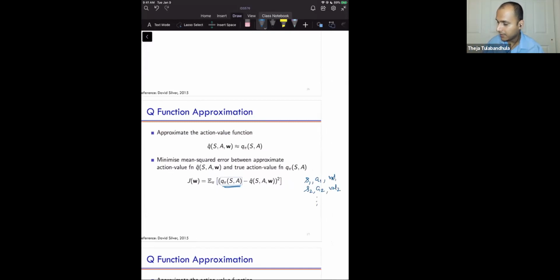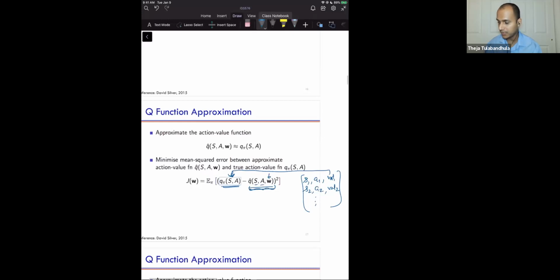If I have this data, where each value is the true value, then I just need to figure out W such that this function approximates, at those S1, A1, S2, A2, close enough to the true value. That's just a regression problem. I can just do a least squares regression problem, and depending on whether this function is linear or nonlinear, I'll get a more complicated or a simpler regression problem.